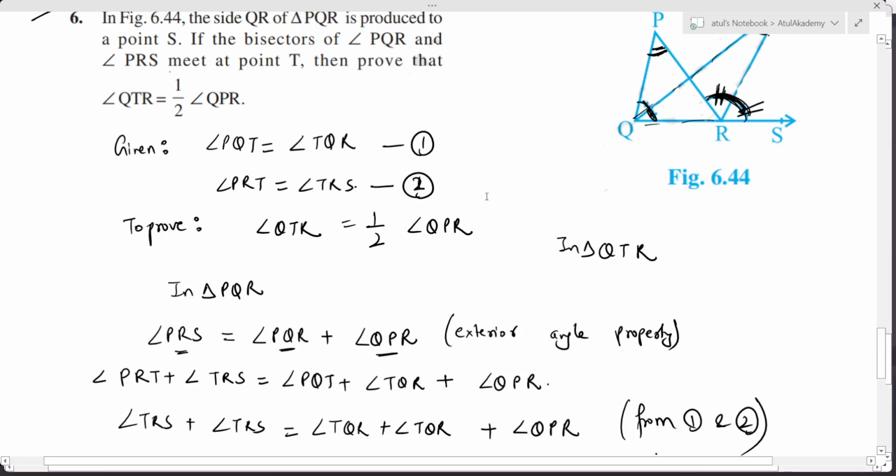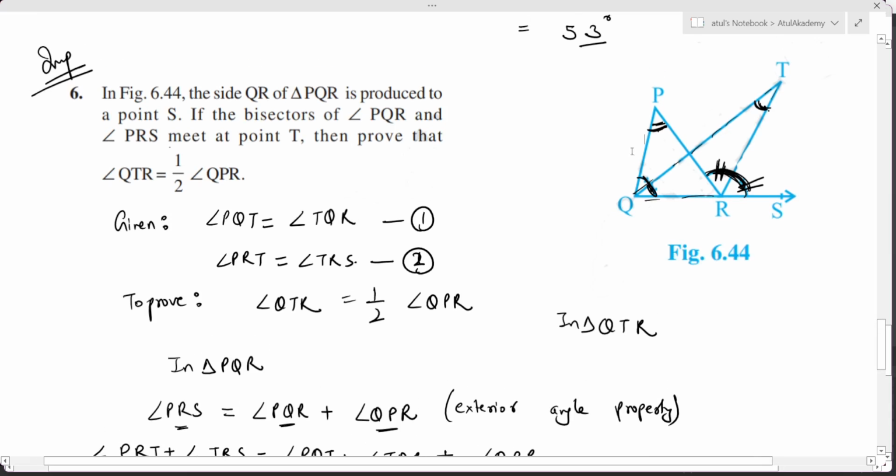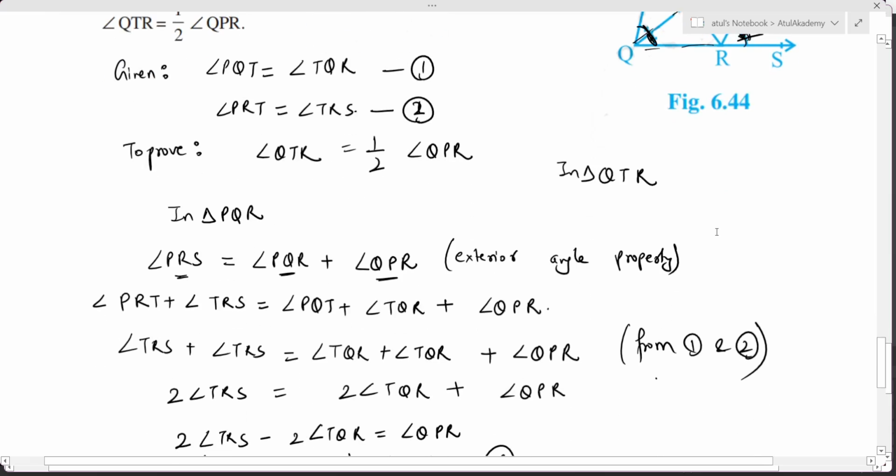Now I can write this PQR as twice of TQR. You can directly also write it. Then PQR is twice of TQR. I just explained, I wrote it like that. And PRS is twice of TRS. Okay, bring this over here, take 2 common. So TRS minus TQR.